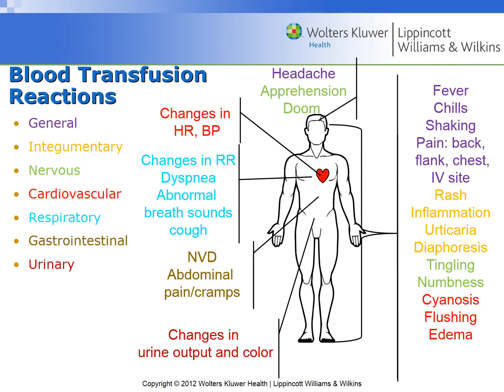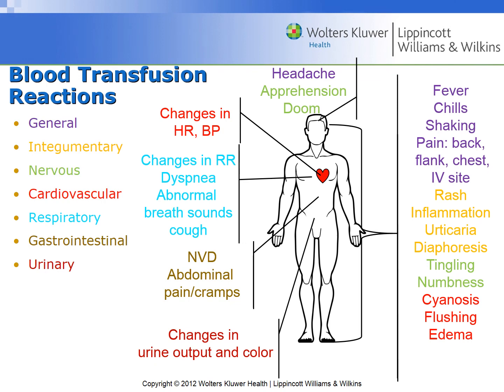So, following procedure, making sure that everything has been checked, that you have the right patient, that you have the right blood product, that the blood band numbers match, that everything is done right to avoid these reactions. In theory, these events should no longer happen because we have procedures in place to stop them from happening.